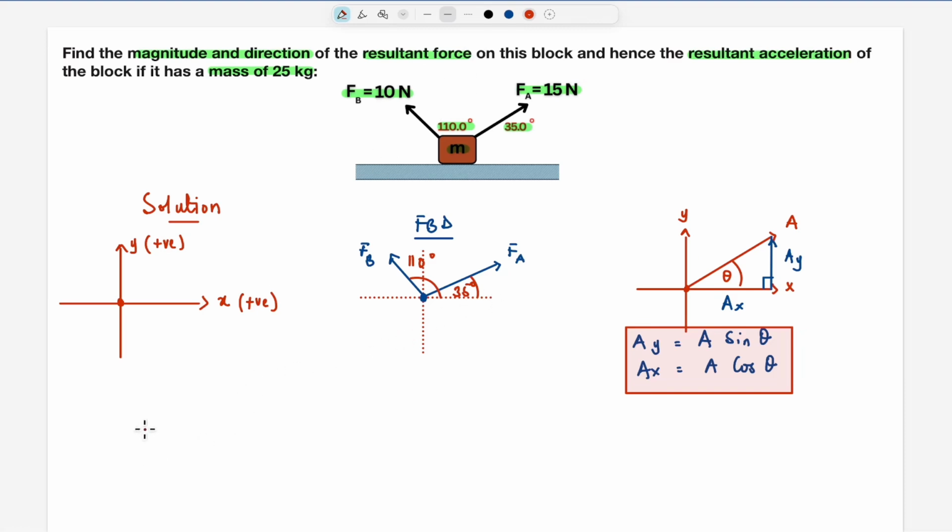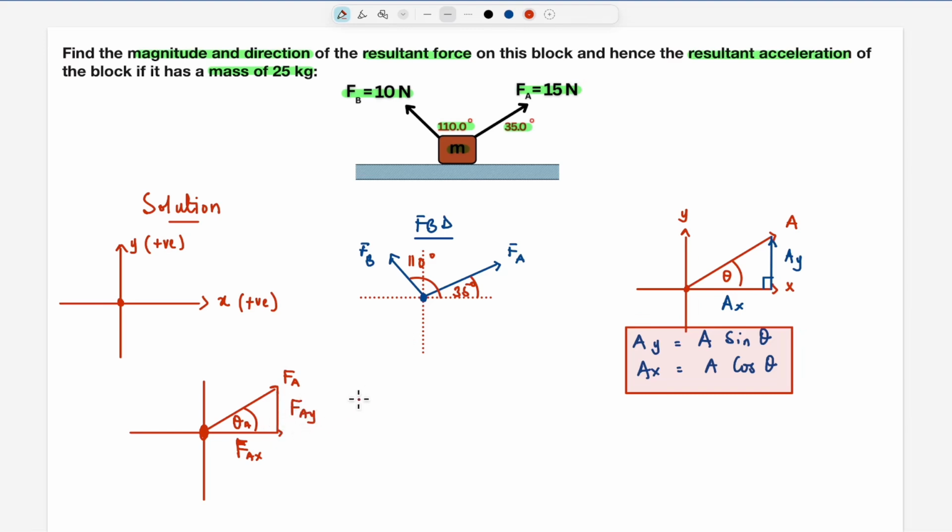So let's start with FA. With FA, we have our axis with the origin, or the center of mass of the block, placed here. So we have FA, which is acting in this direction, and it makes an angle theta A with the horizontal. So we can have FAX, and then the vertical component, FAY.